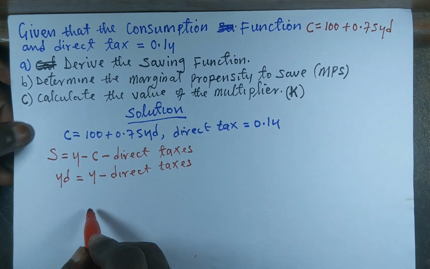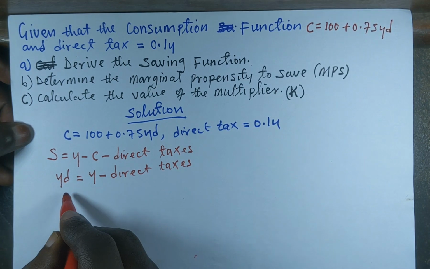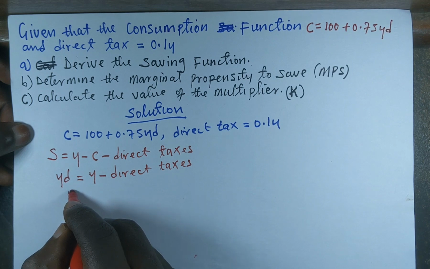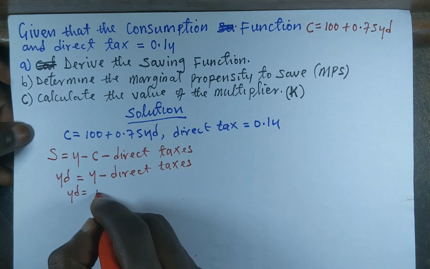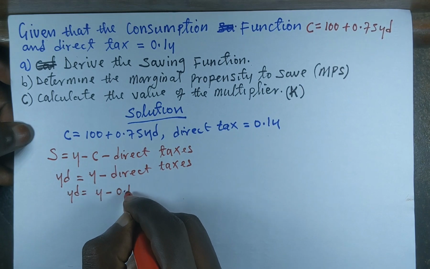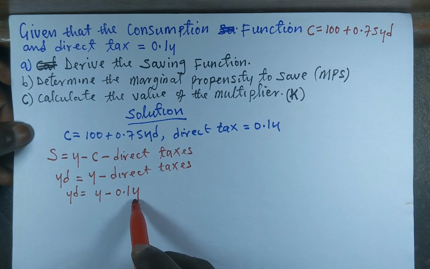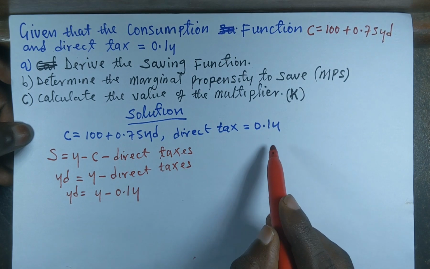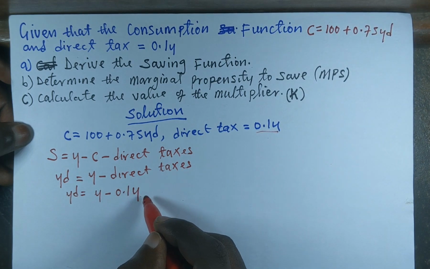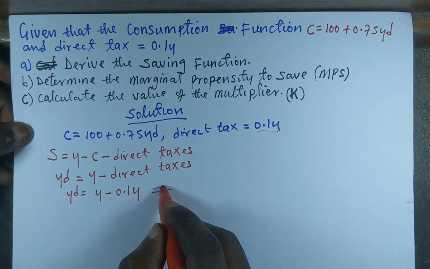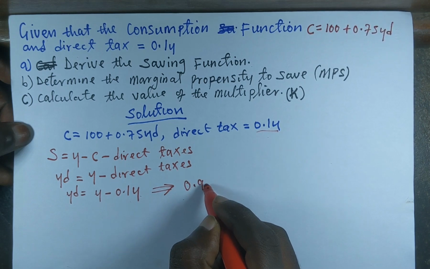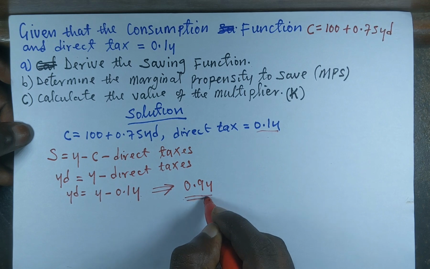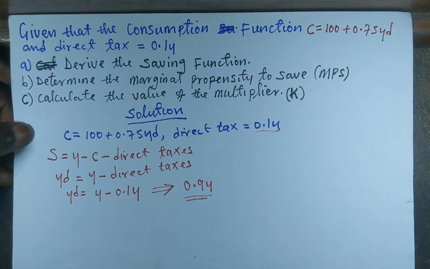So we are going to have YD equal to Y minus 0.1Y. 0.1Y represents a direct tax, which gives us YD equal to 0.9Y. So that's our value for disposable income.